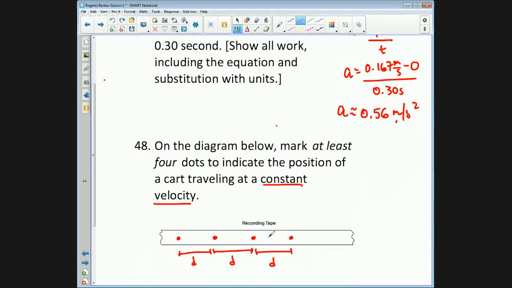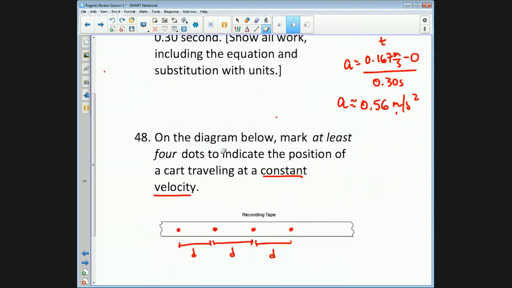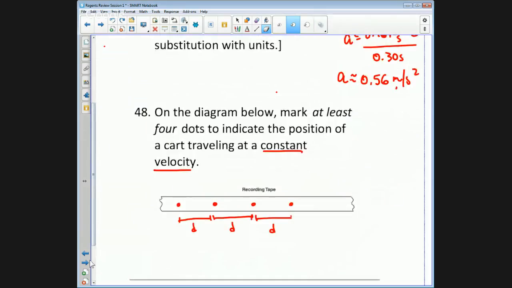Okay, 4 dots. It says at least 4 dots. Just draw 4 dots. Don't try to do more, because if you mess up on the 5th dot and you accidentally put it here, this distance here is greater than D, so you would get it marked wrong. Okay, so just stick to the instructions.